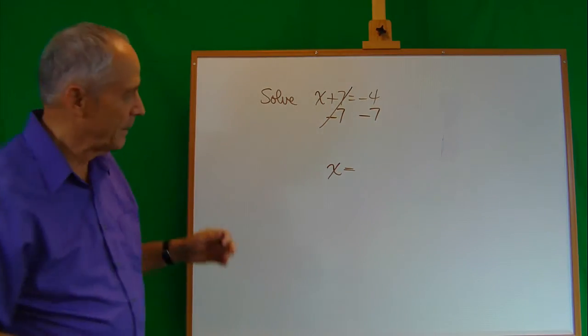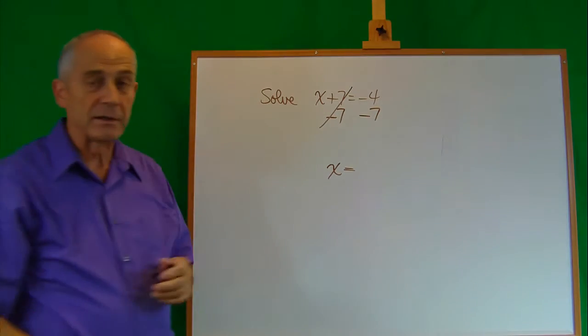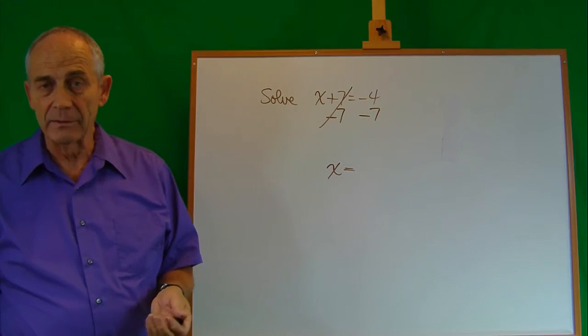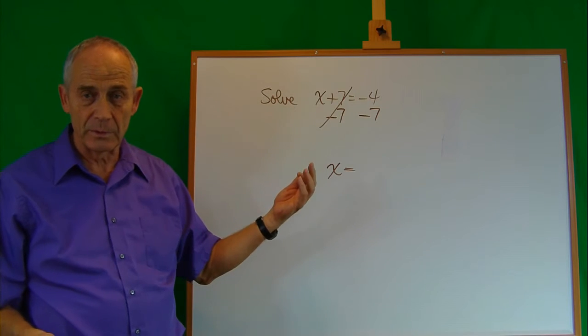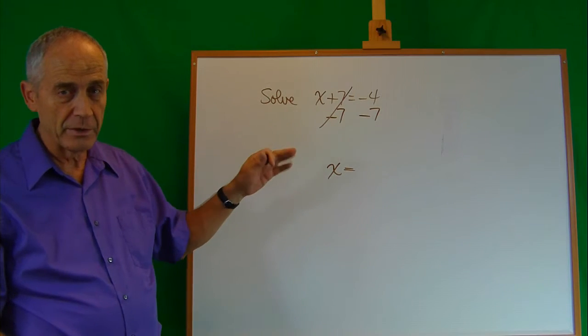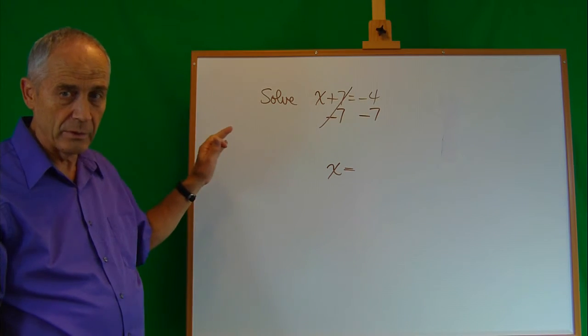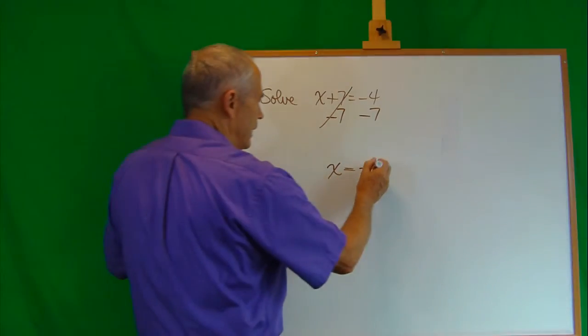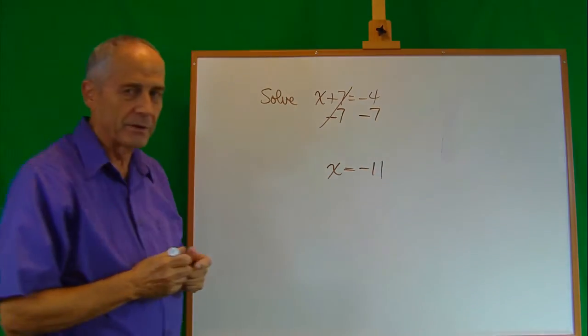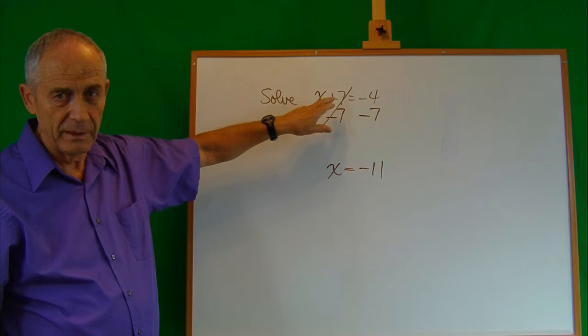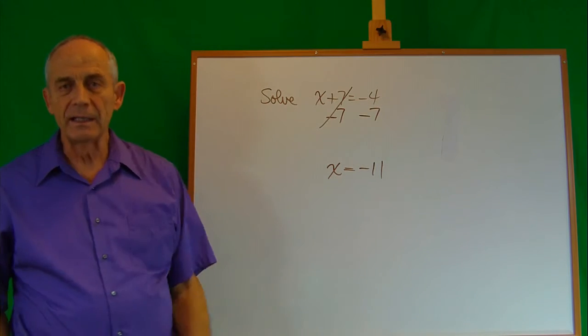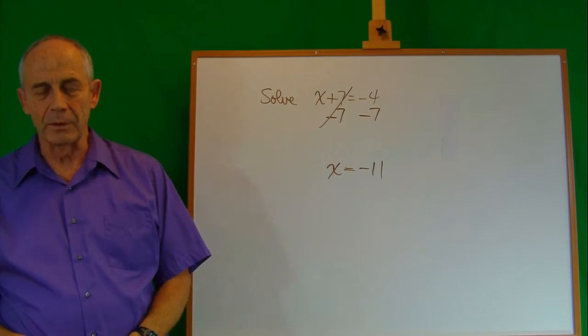I know that. So now I just look over here and see what I have to do to get the answer. And I've got minus 4, picture where you are, you're subtracting, think of the direction you're going, 7 more in that direction, I get x equals minus 11. And sure enough, minus 11 plus 7 is equal to negative 4.